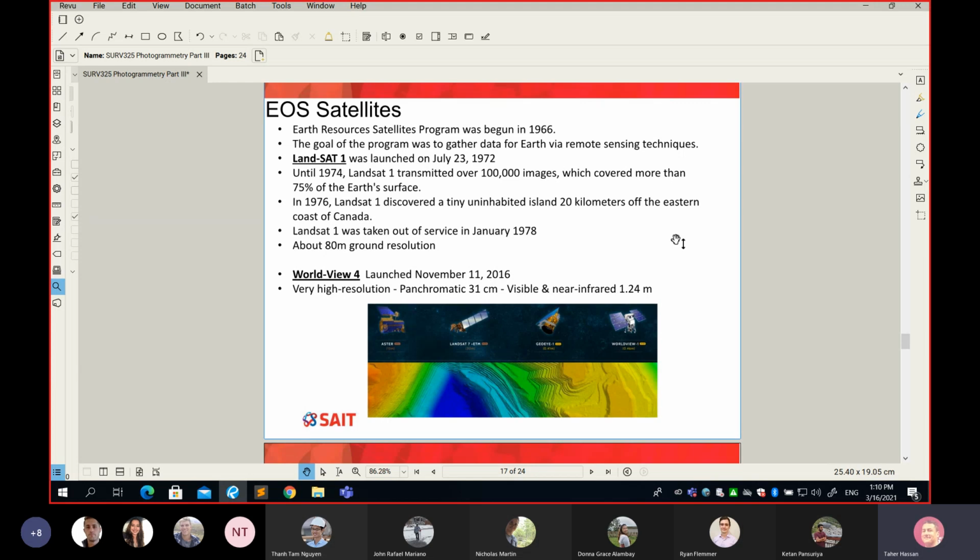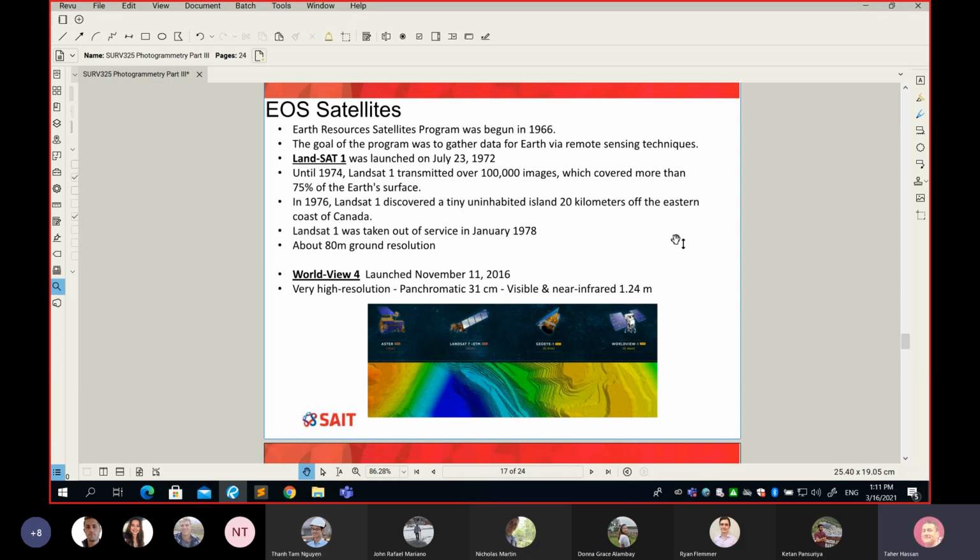The first satellite system is called Landsat-1, launched back in 1972. That was before I was born, almost 1 year before. In 1974, Landsat 1 transmitted 100,000 images of the Earth, covering about 75% of the Earth.